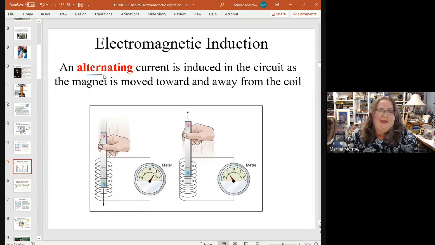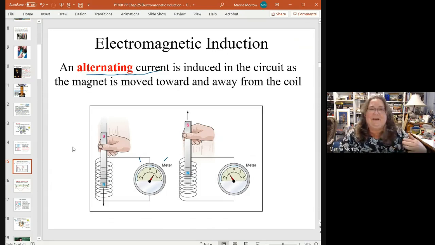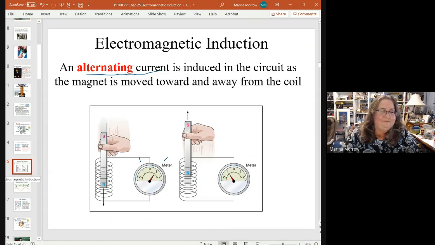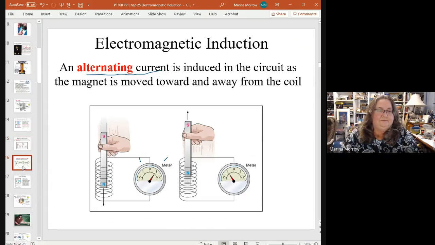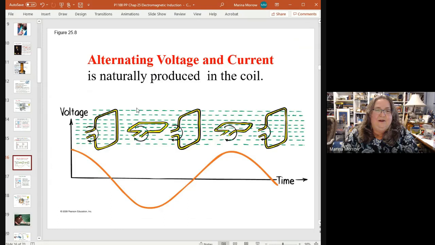Now, it's easy to make an alternating current, as I was showing you, just by thrusting the magnet in and out. Then the meter goes left, right, left, right, left, right, and we get current that is actually reversing direction as we move the magnet in and out. So as we rotate the coil, then what happens is that we get current that changes from a positive to a negative value.